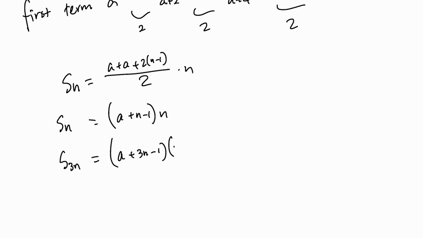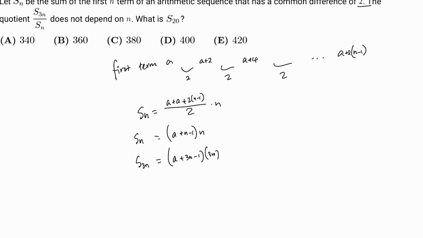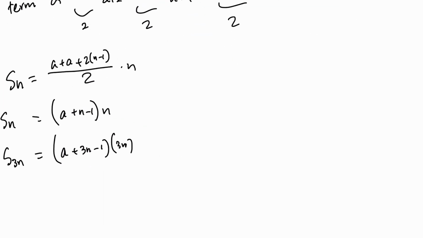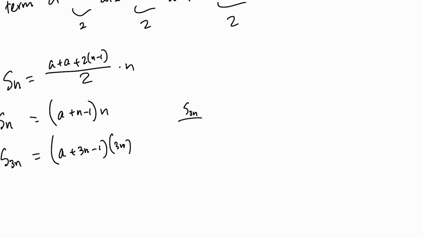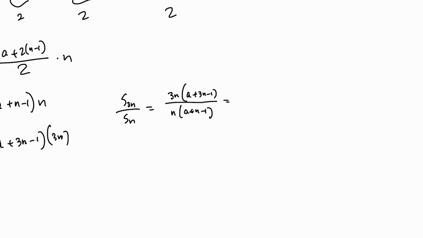So the ratio S3n over Sn is going to be 3n times a plus 3n minus 1 over n times a plus n minus 1, which is equal to 3 times a plus 3n minus 1 over a plus n minus 1.